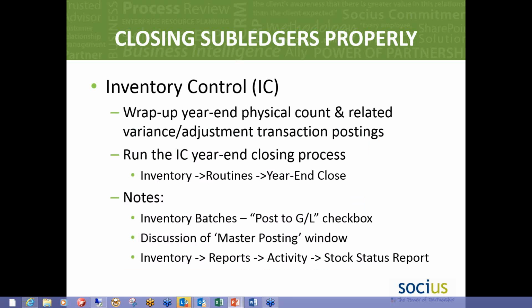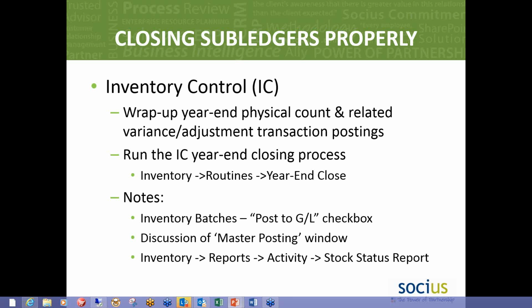So again, I'm going to move up a slide and reiterate: you wrap up your year-end fiscal count and related variance adjustment transactions posting. If you do cycle counting, there is a cycle count schedule that can be set up, and you want to make sure that you do your final count and appropriate adjustments prior to running this year-end process.